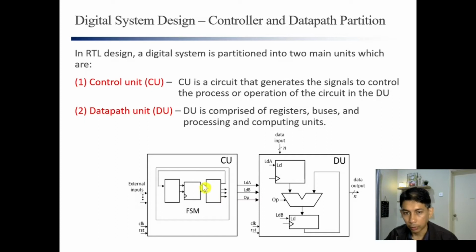At state 1, for example, what is the output sequence here? At state 2, what is the output sequence, what to do? At state 3, what to do, to control the operation of this circuit. So this one we also learned in chapter 4. Now we will combine these two to make a complete digital system to process the data.